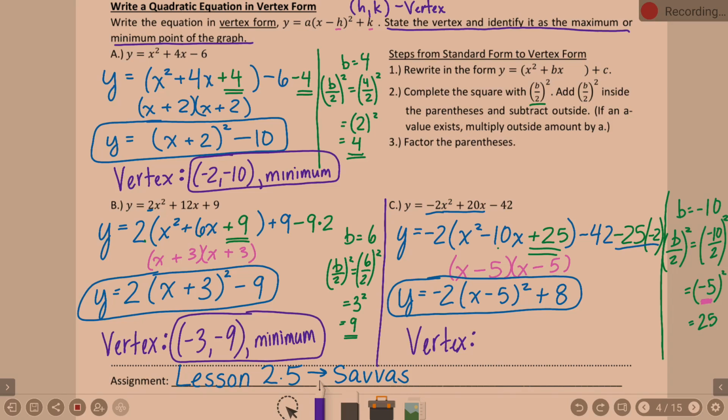What's my vertex? 5, 8. The opposite sign of H, and then use the K. And is my vertex a minimum or a maximum? What's different about this problem? My A value is negative, yes. That A value is negative. It says my parabola is reflected upside down. It means my vertex is at the top, and it is a maximum.